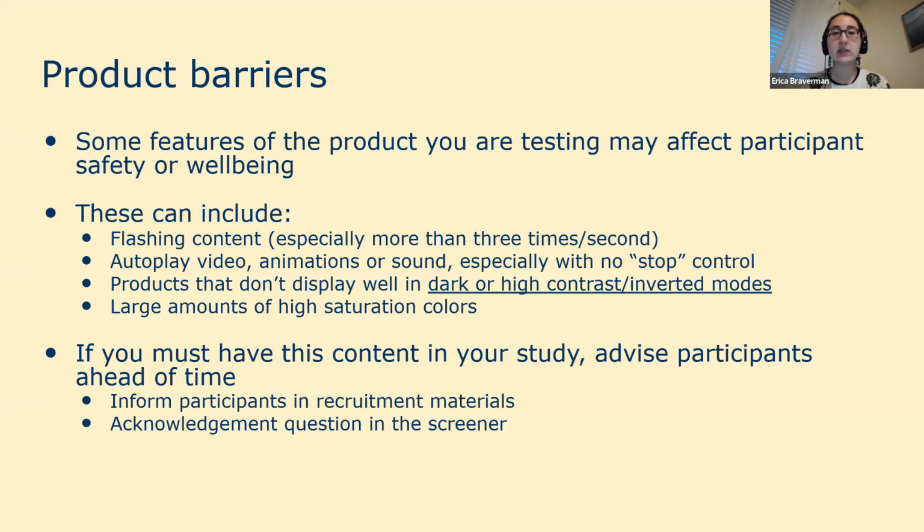But it's important to think about this because there are some barriers that can not be super safe for participants, or might be detrimental to their well-being. This could be flashing content, autoplay video, animations, or sound, products that don't display well in dark or high contrast modes or inverted colors, and large amounts of high saturation colors.